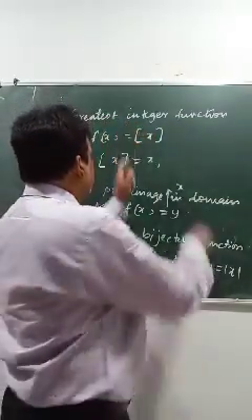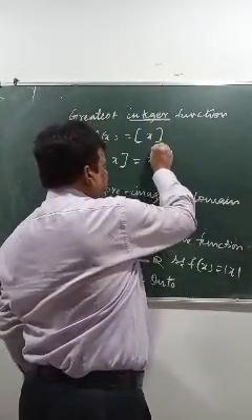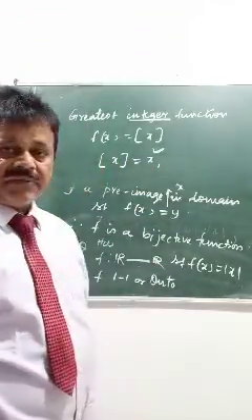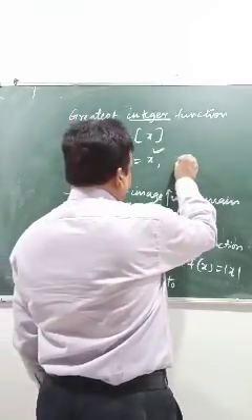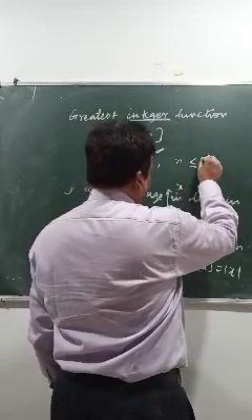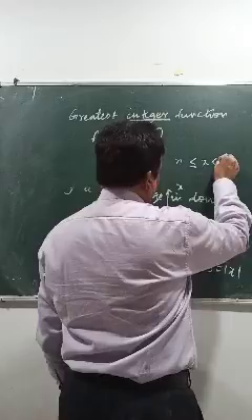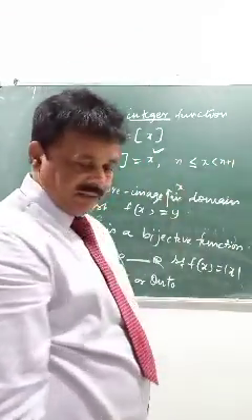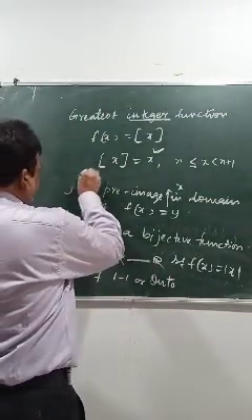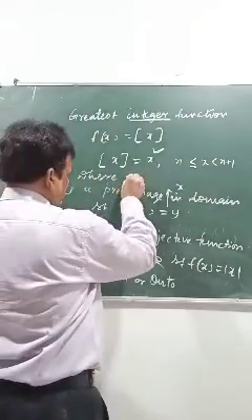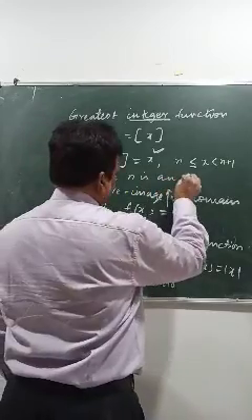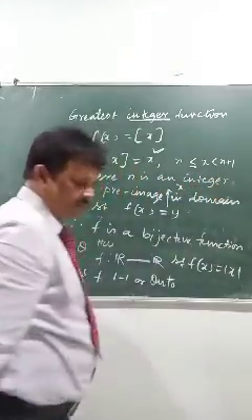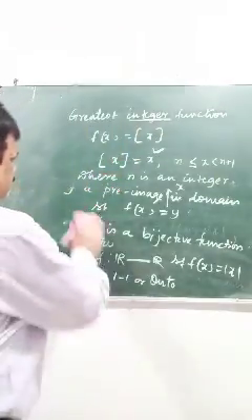Greatest integer means the outcome will be an integer, not at all a decimal. What type of integer is this? It will be between n and n plus 1, where n is an integer.